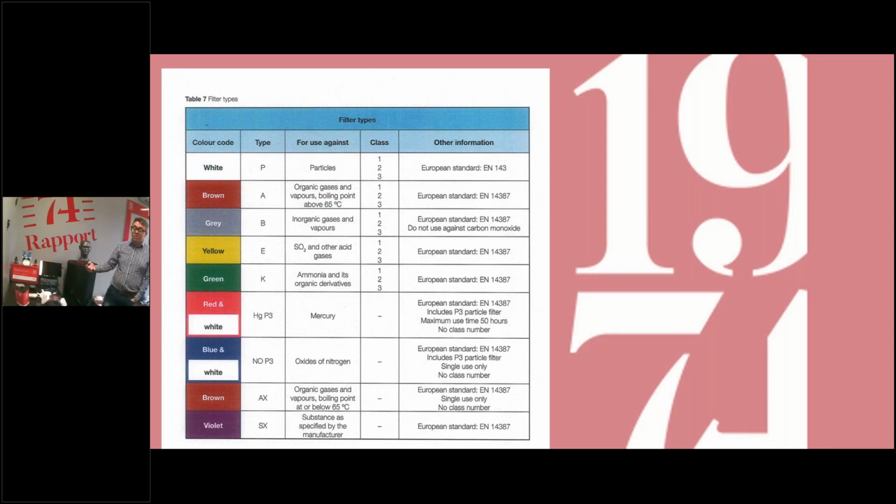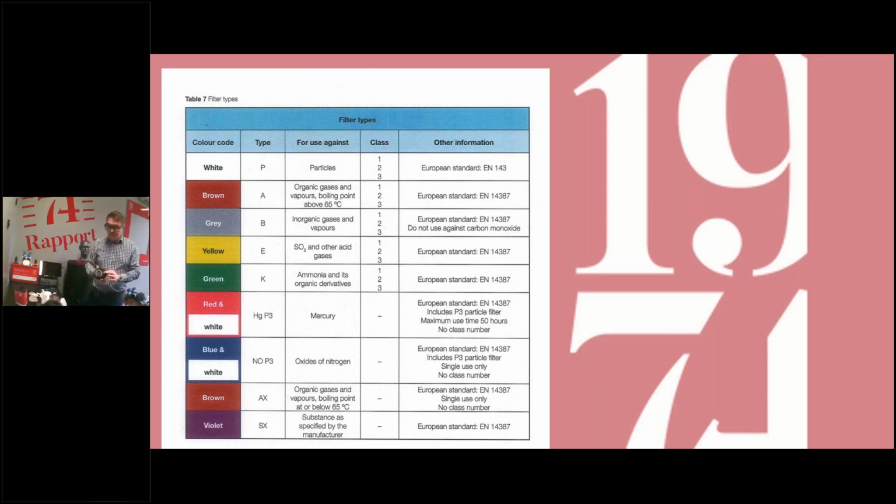And we could go on. For example, the fifth color coding down is a type K filter, which is suitable for ammonia. So what we've got here is a range of filters. This is a type P filter for particulate. Here we have a filter for organic compounds and also acidic gases.